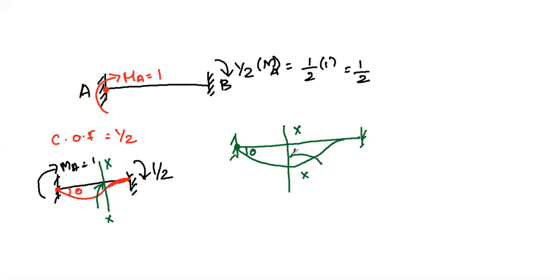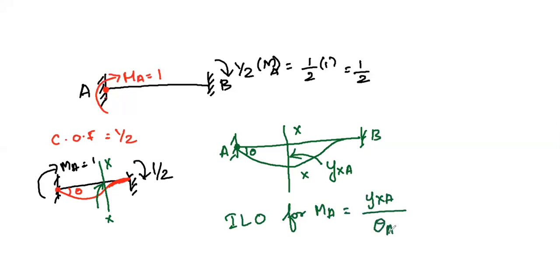This deflection is named YXA because it is the deflection at the point X due to the unit moment applied at the point A. So the influence line ordinate for the moment at A will be equal to YXA divided by theta AA. This theta AA is the slope at the point A due to the unit moment applied at the point A.